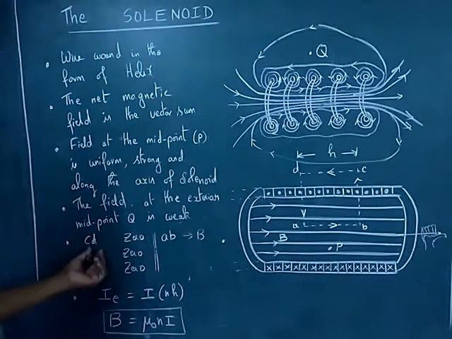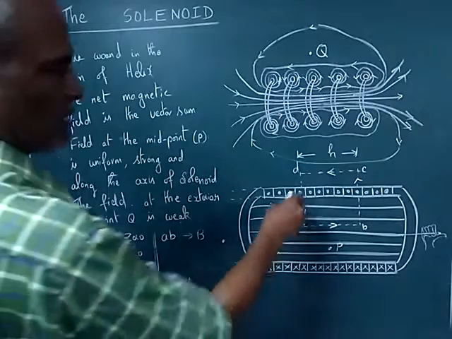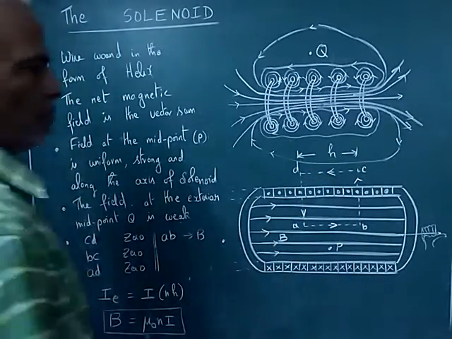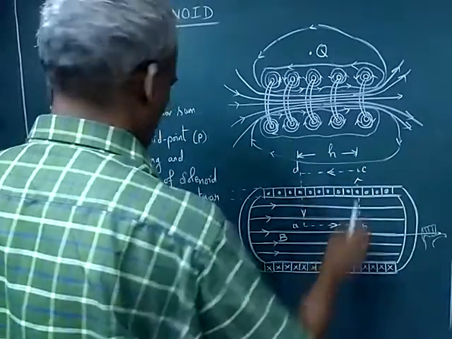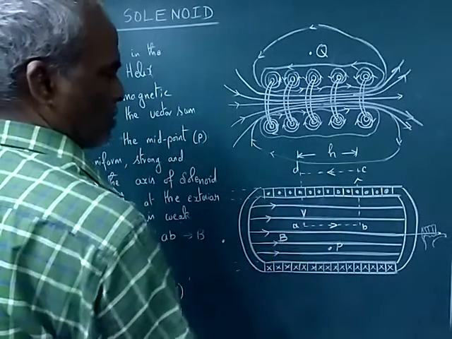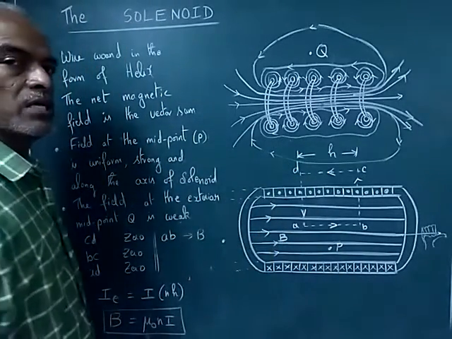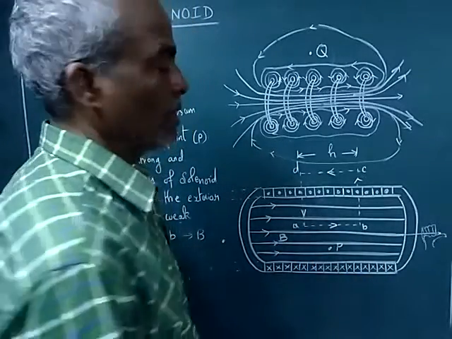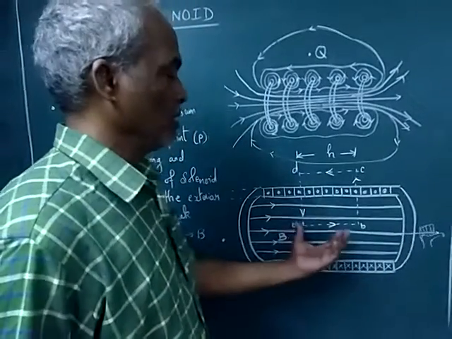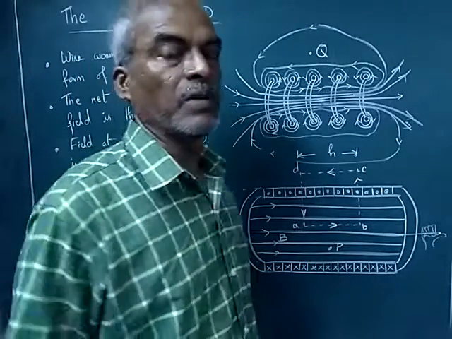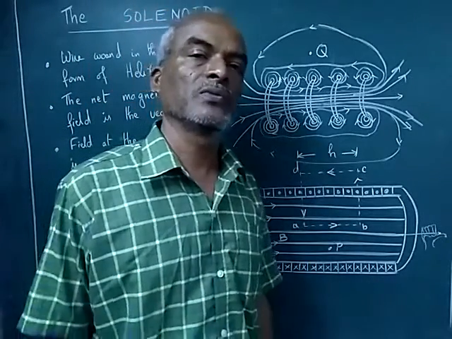I already told you CD is 0. In this Amperian loop, CD is 0. BC is 0. AD is also 0. So the only field that is contributing is along AB in the Amperian loop. So this part alone provides the maximum flux density along the axis of the solenoid.